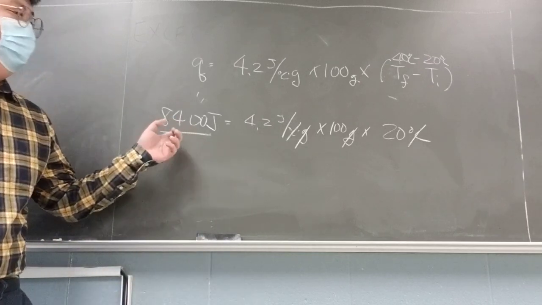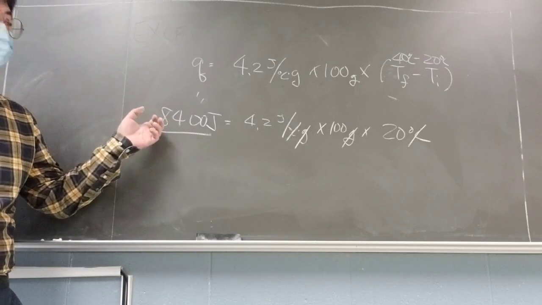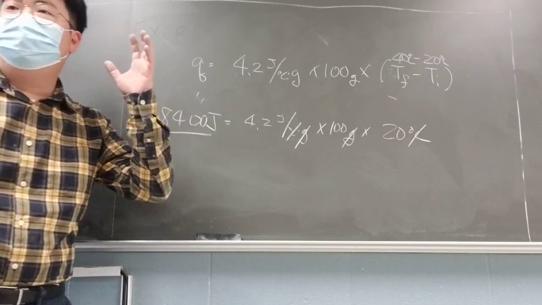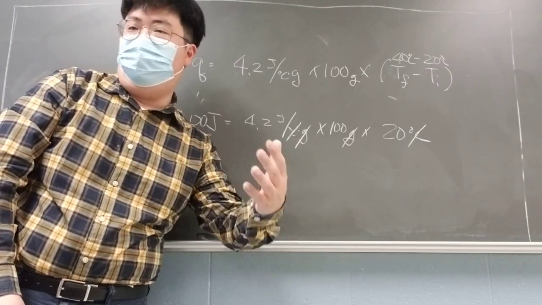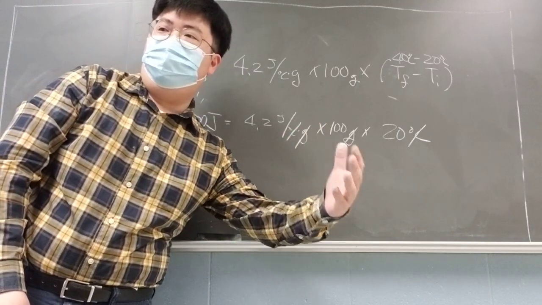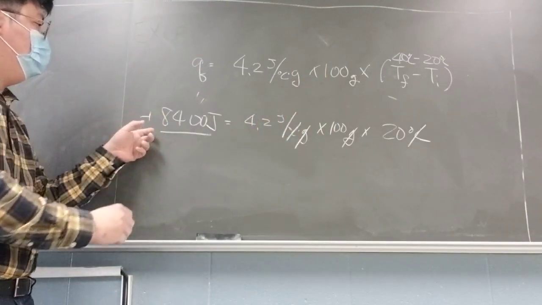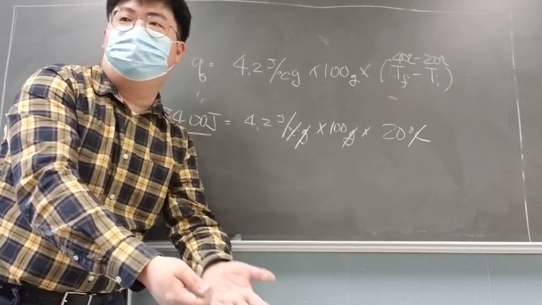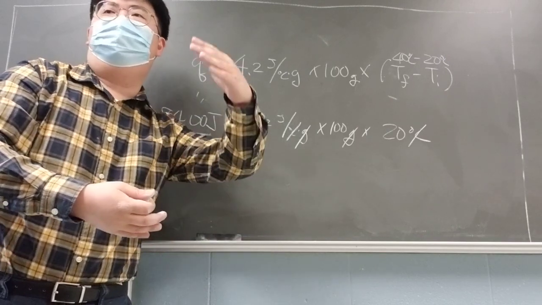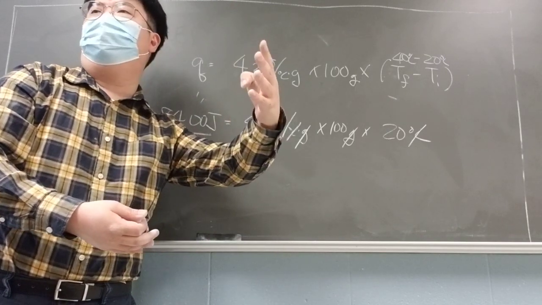So this is the answer. You need this amount of energy to take your 100 grams of water from 20 Celsius degree to 40. You need to input this amount of heat energy into the water so you can make that water go up to 40 Celsius degree.